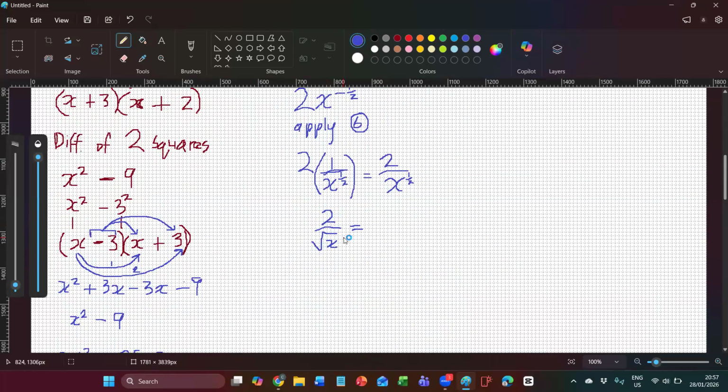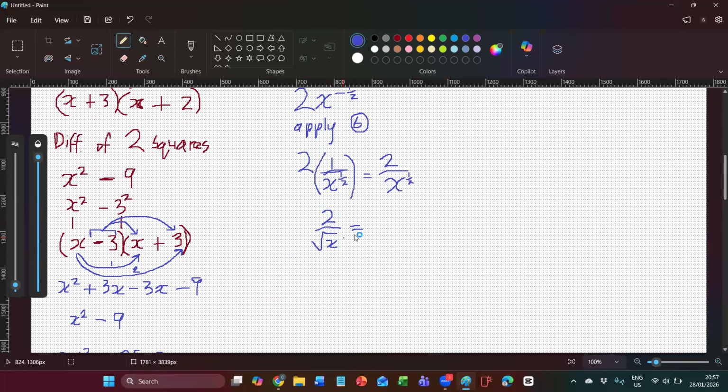Now, I'm sure you are thinking, is this where it ends? No, it goes further, because we don't usually leave roots in the denominator. I don't know if you have done surds in class. If you have done that topic, that's where you learn about roots.